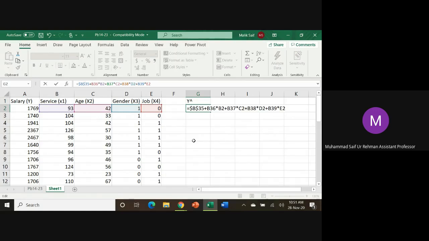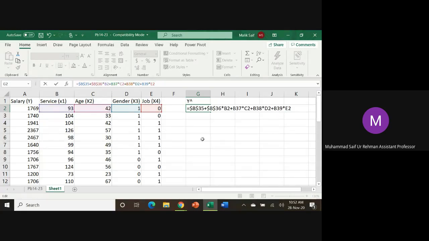Okay. Similarly, you have to fix this value that is written over there in B36. So fix it and put the dollar sign over here. And then you see B2 is there. So B2 is this value. It means that when you come down, it will automatically take 104 into its account, but it will keep this value, that is beta 1, constant.